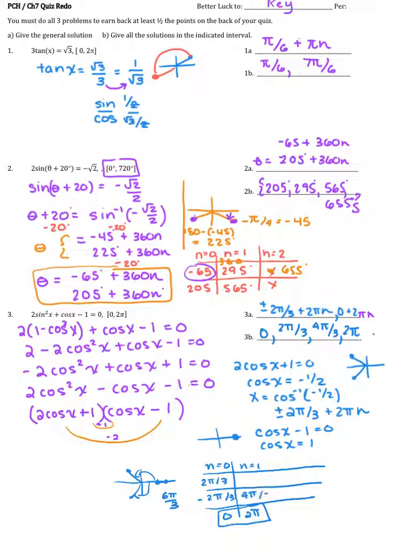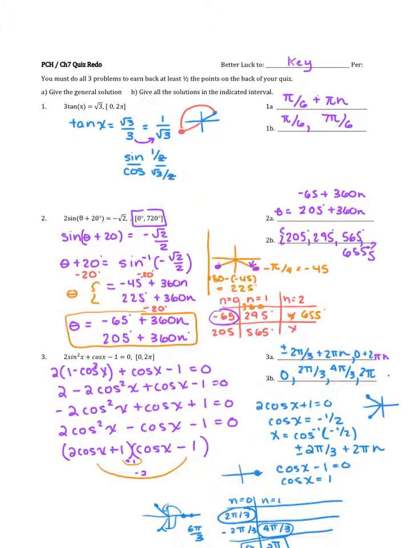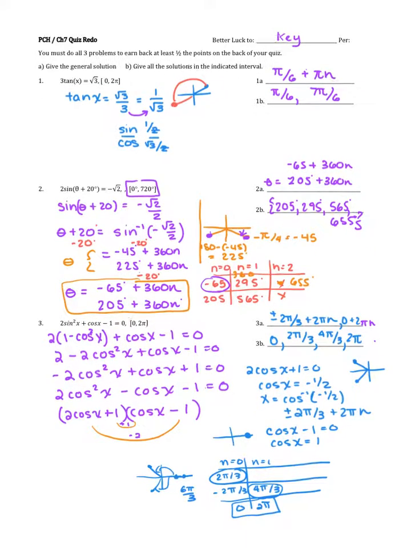That gave me 4 pi over 3. So those are my answers. Okay. So it's really important that you kind of be careful with your algebra, you know your principal values, and then just doing your common denominators to get them all together. Okay? I hope this helps.